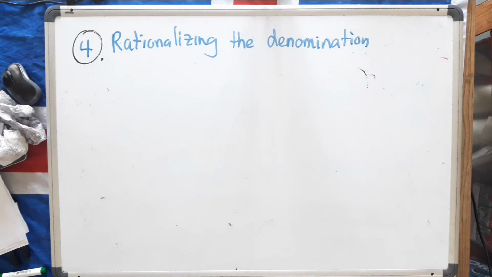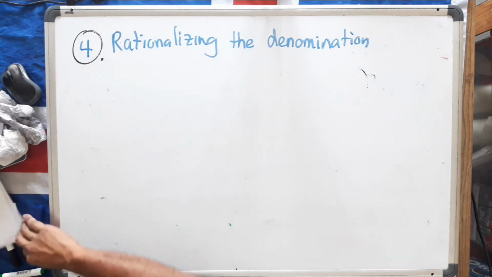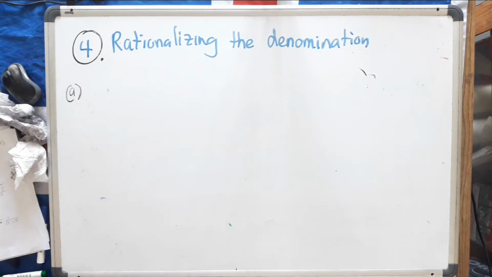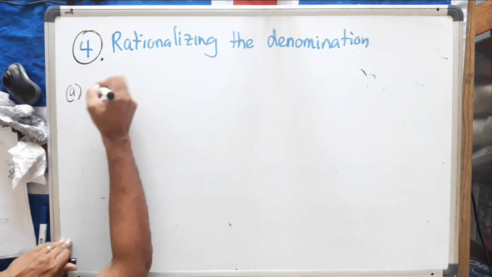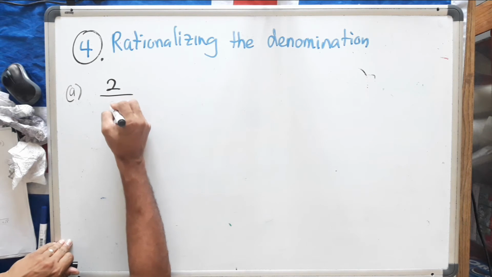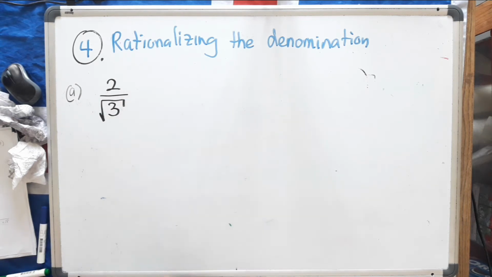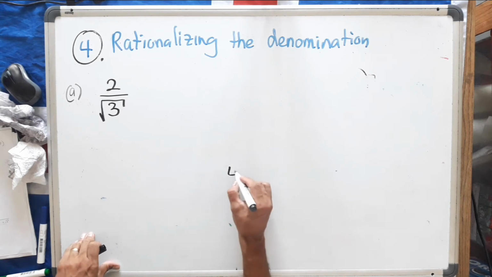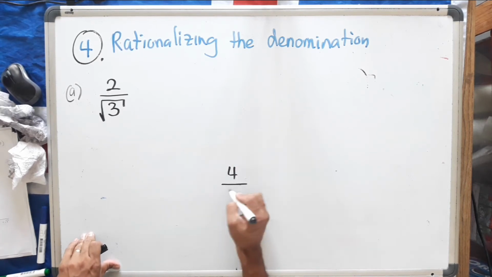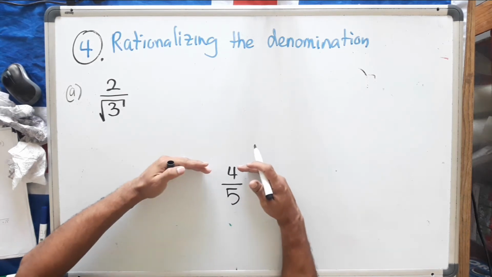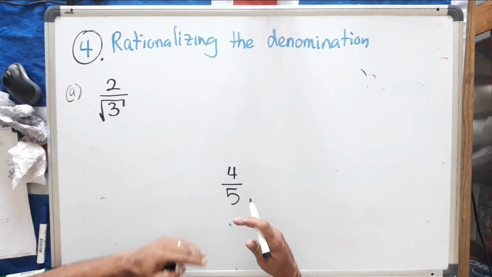Okay, so let's start with a really easy example. A, I want you to rationalize this. It's 2 divided by the square root of 3. Now here's something that may not be obvious to you. If I have 4/5, let me write that neater for you. Do you all know that whatever you do to the top of a fraction, you're allowed to do it to the underneath?